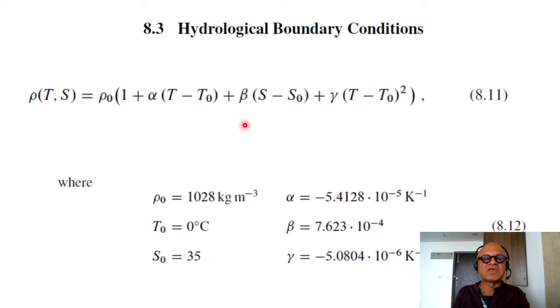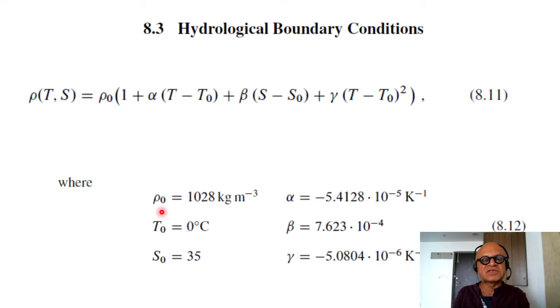The values are given here, but essentially this means that when temperature warms, this is a negative coefficient here, so the density decreases, whereas beta is positive, so when salinity increases, density increases. So you can see the opposite direction of the correlation there.